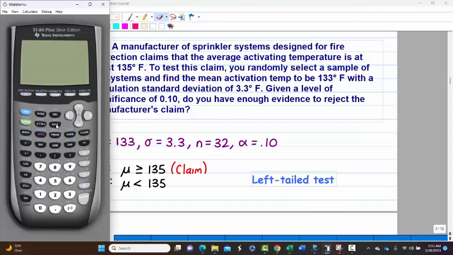So we go Stat, Test, Z-Test. We're testing against 135. Population standard deviation is 3.3.